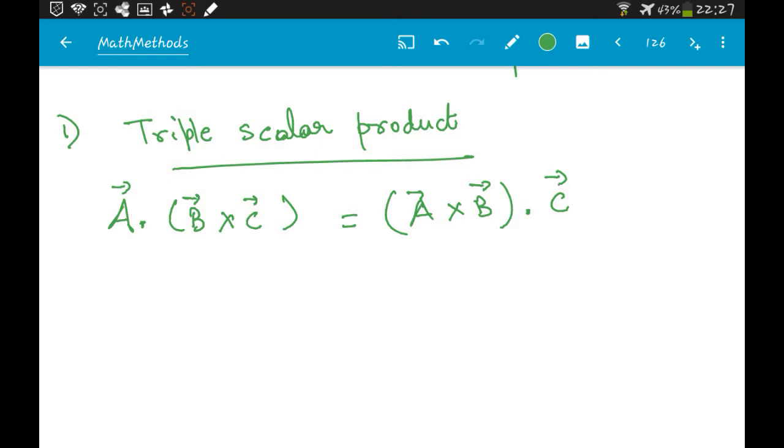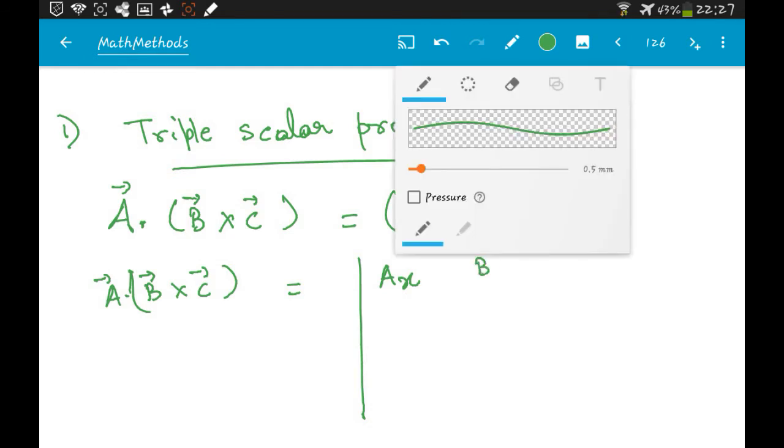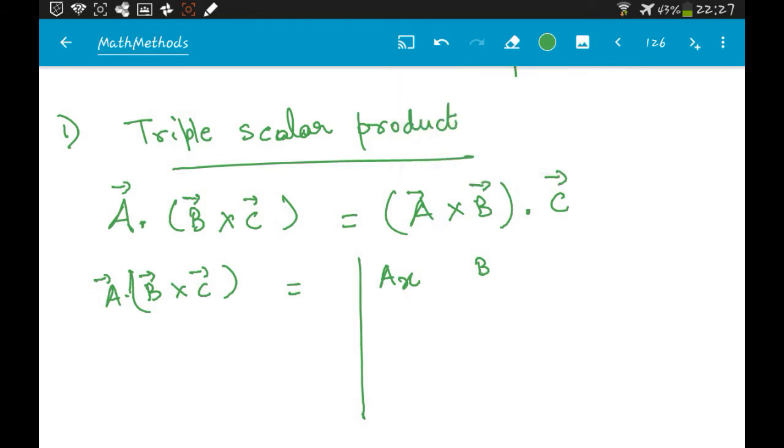So let's look at it. What is A dot B cross C? You can write it in the form of a determinant. Let's define A, B and C first.